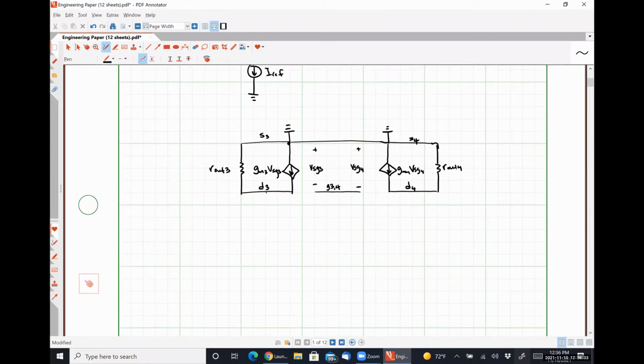The drain of transistor M3 is tied to the drain of transistor M1. So we'll have gm1, VGS1, and Rout1 respectively.